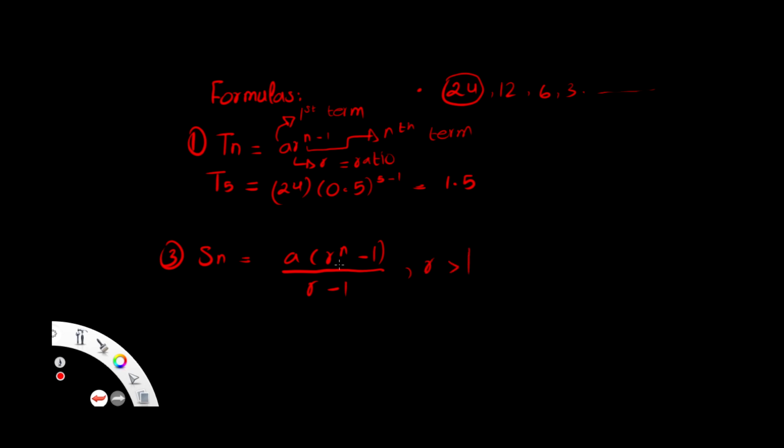So let's say if the ratio is 1.5 or 2, 3, we are going to use this particular formula. Well, the second formula was used for ratios less than 1. So let me write it down here: (1 minus r^n) upon (1 minus r), where r is less than 1.